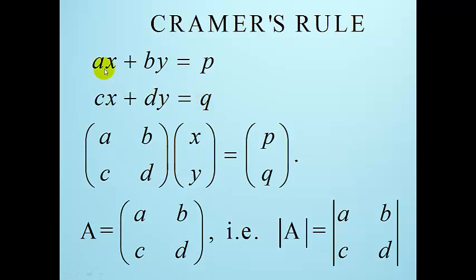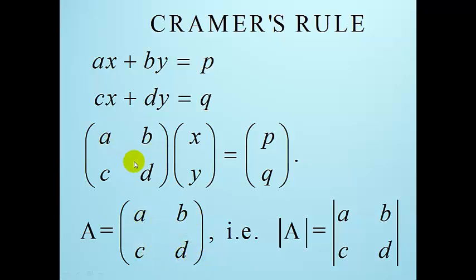Now, the coefficients of the variables, the coefficients of x and y, are a, b, c, d. So that forms a 2 by 2 matrix, and the variables are x and y. This is equal to p, q. Now the matrix A equals a, b, c, d.